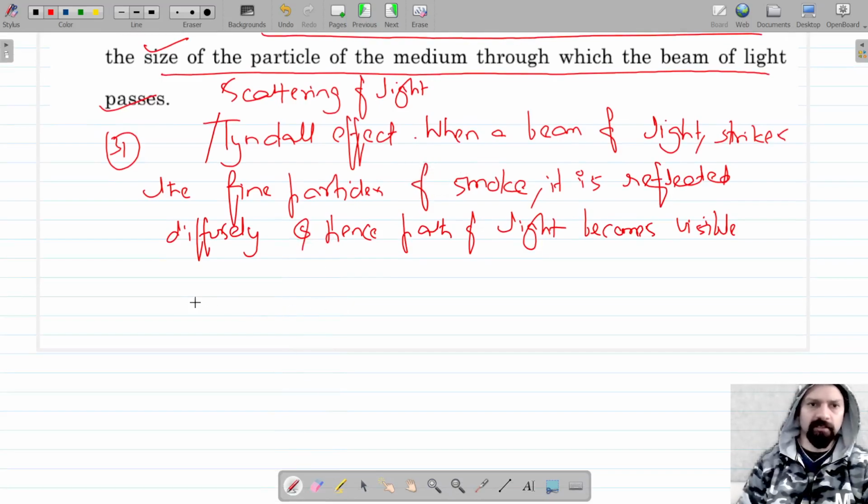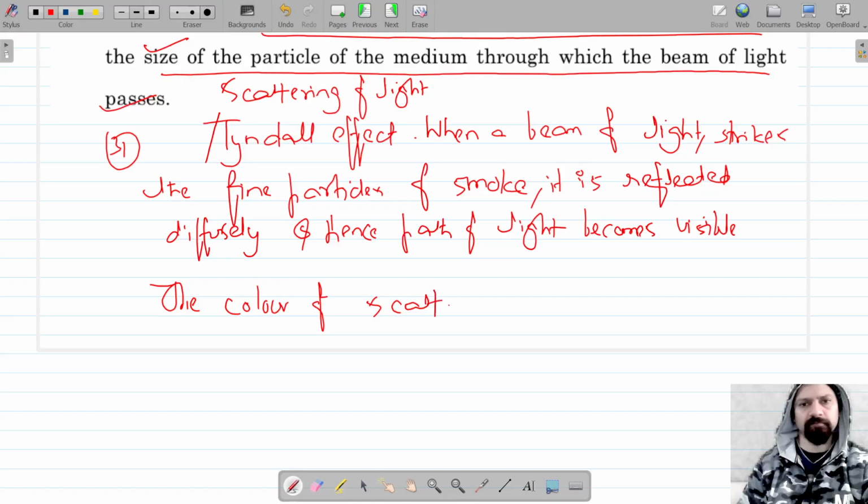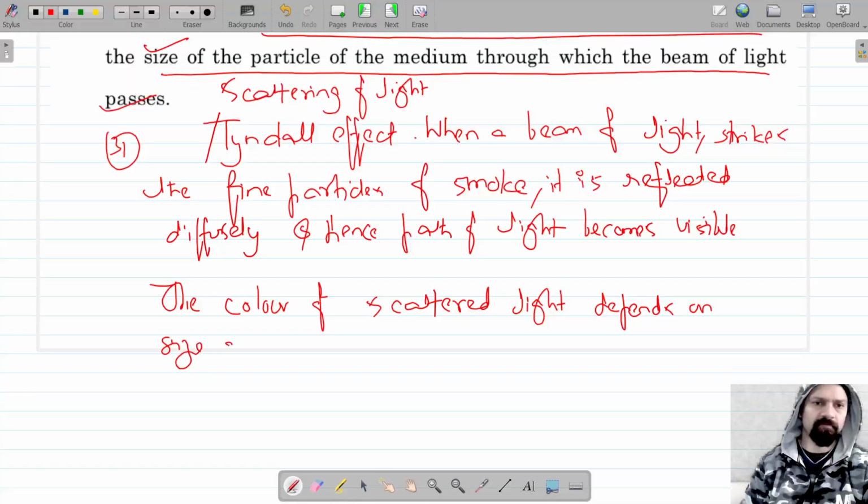So the color of scattered light depends on the size of the scattering particles.